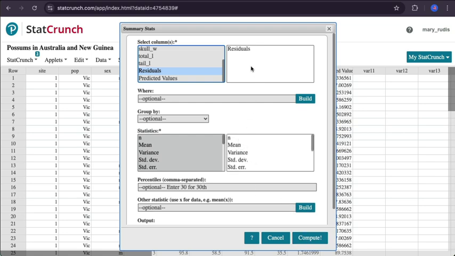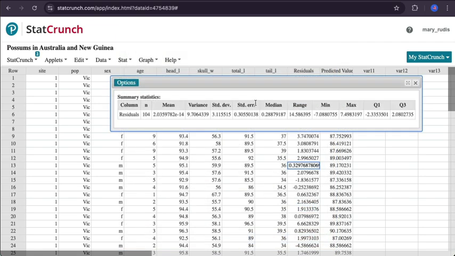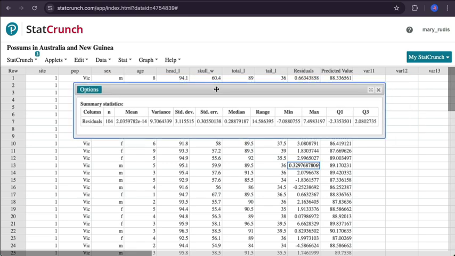This is fine. We just want a summary of our residuals. So compute that. And we're looking for a mean that's as close to zero as possible. And we have that E negative 14 again there. So seeing that exponential notation means that that number is extremely close to zero.